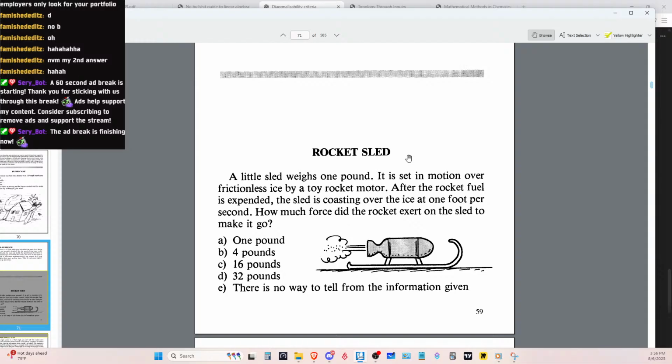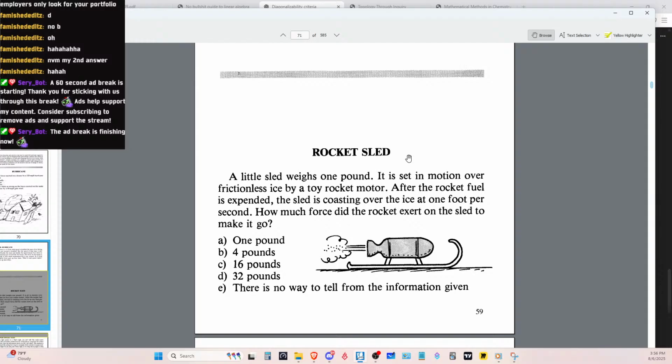Okay, so that gives us a velocity: 1 foot per second. How much force did the rocket exert on the sled to make it go? Okay, so we have a sled that weighs 1 pound, set in motion over frictionless ice.